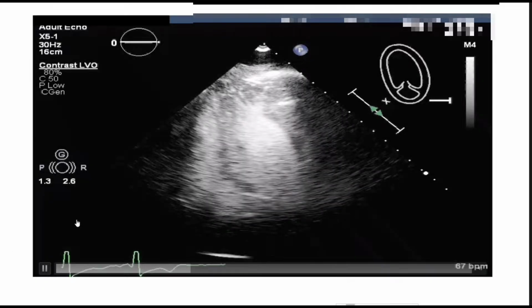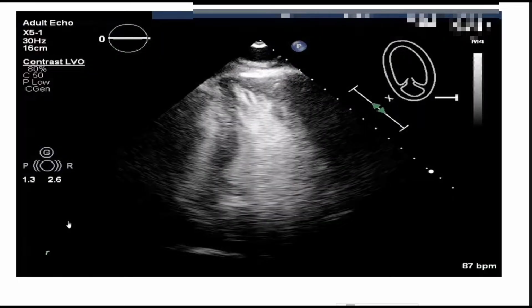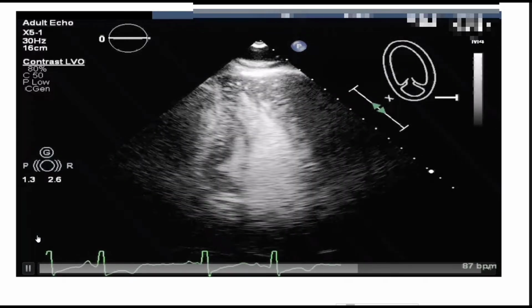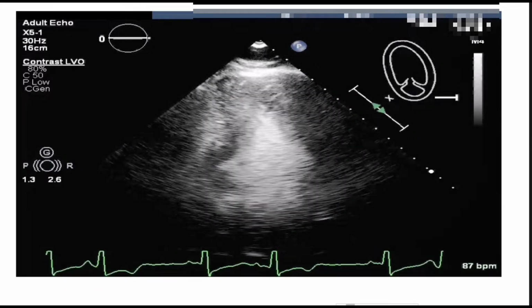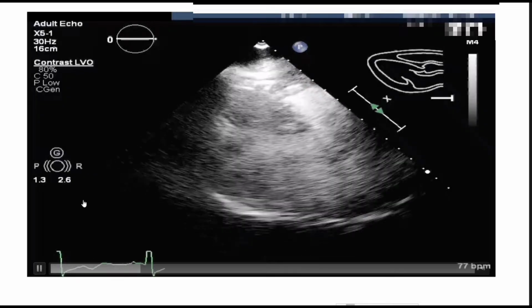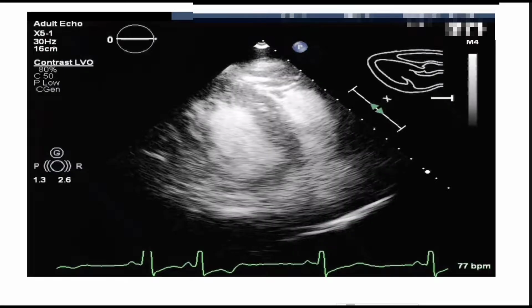Very good. So Ken, why did you say that? What's drawing you to that conclusion? Yeah, you can see the apex, especially with the contrast images.